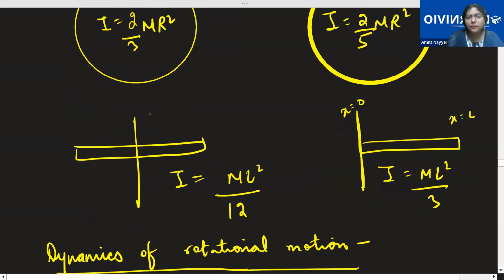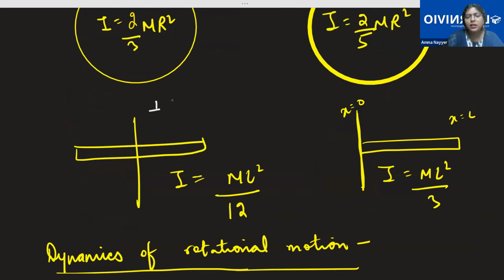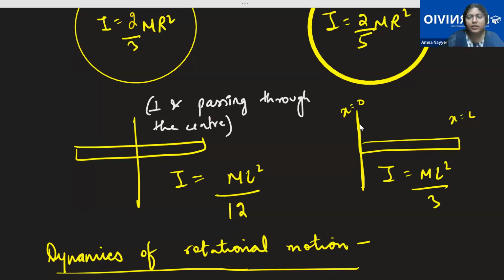So when the axis is perpendicular to the plane and passing through the center, that's the rod. And when the axis is towards the edge of the rod, it is ML square by 3. You can derive this one also.